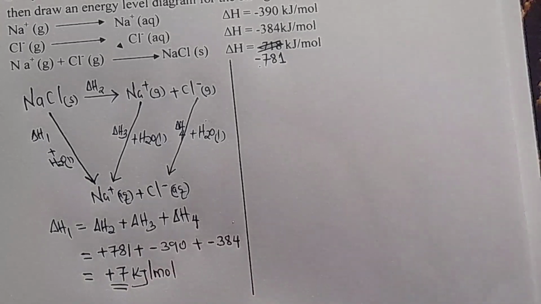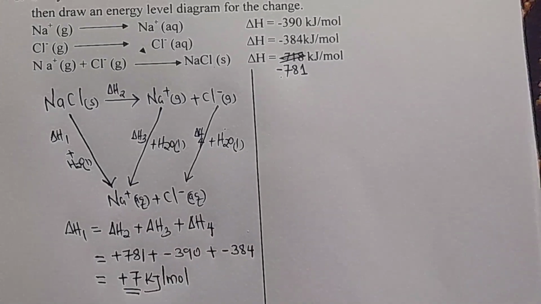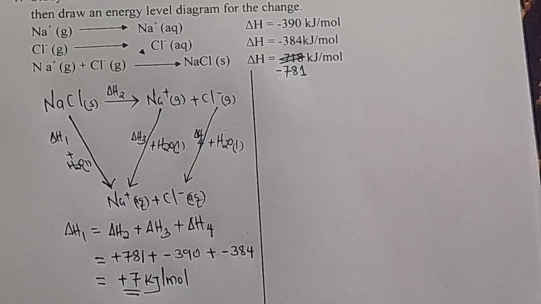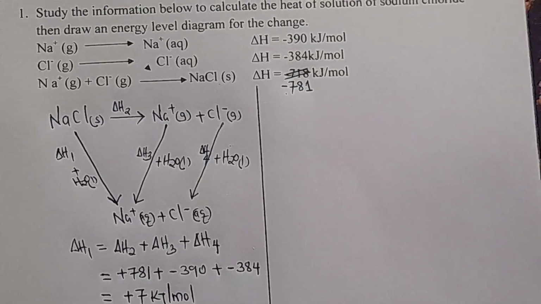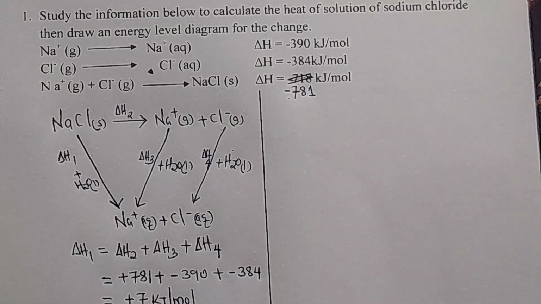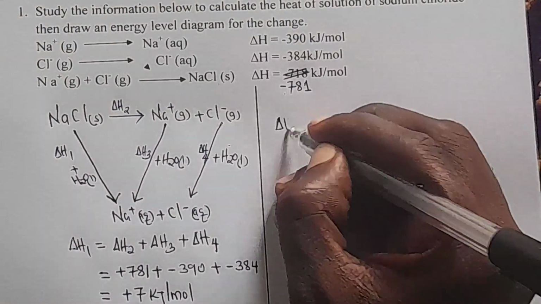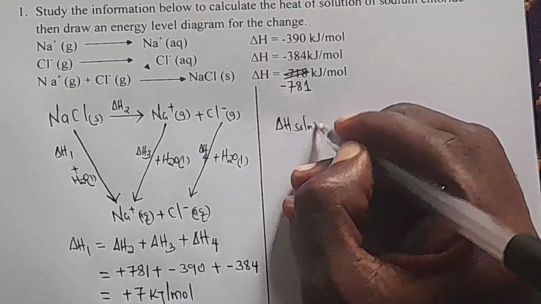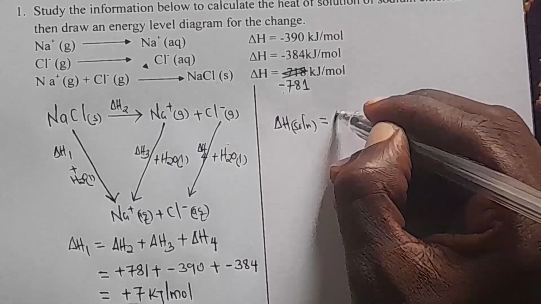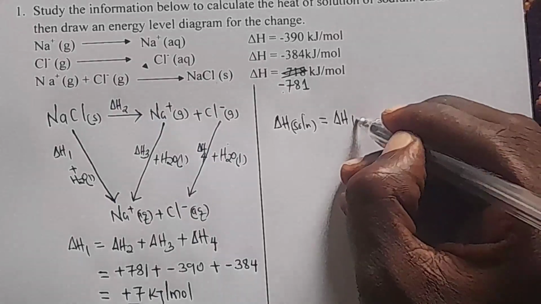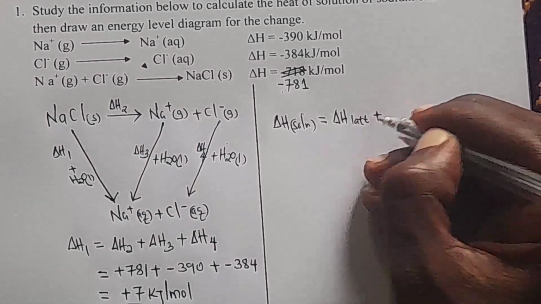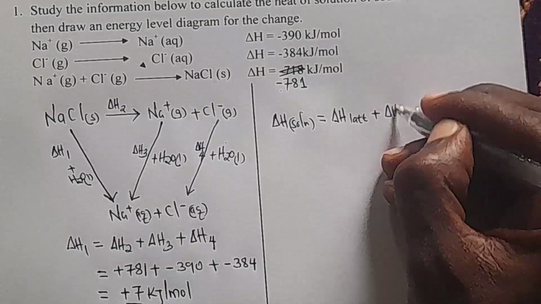That's the first way. We can calculate this question by using the energy circle diagram. The other way is we can use our formula for enthalpy of solution. Remember we said enthalpy of solution can be gotten by lattice energy plus hydration energy.